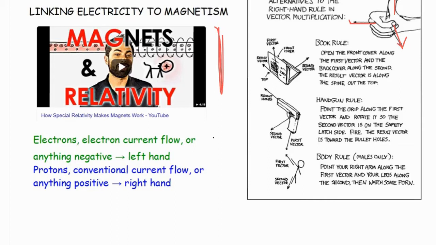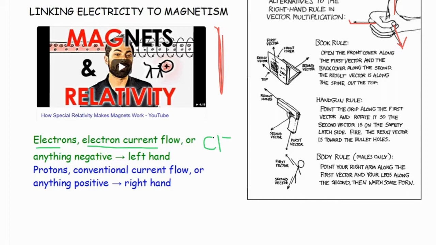Now, when we're talking about these hand rules, there are 2 important things to note. Number 1: if we're ever talking about anything negative, so electrons, electron flow, or negative ions like chloride ions, we are going to be using our left hand.